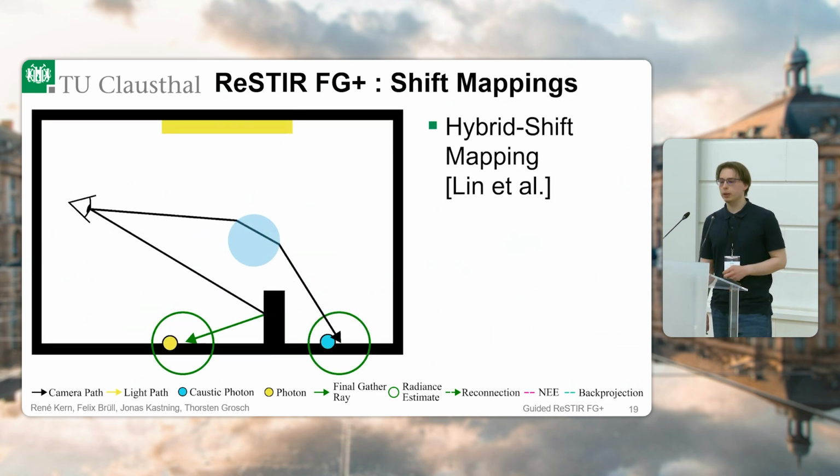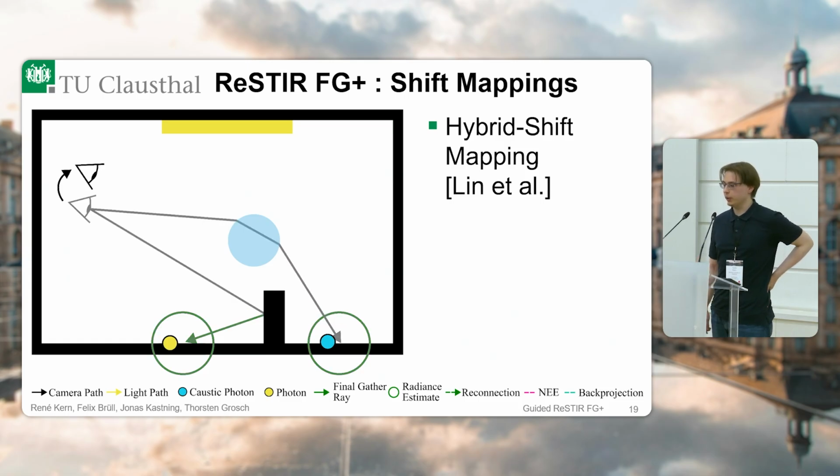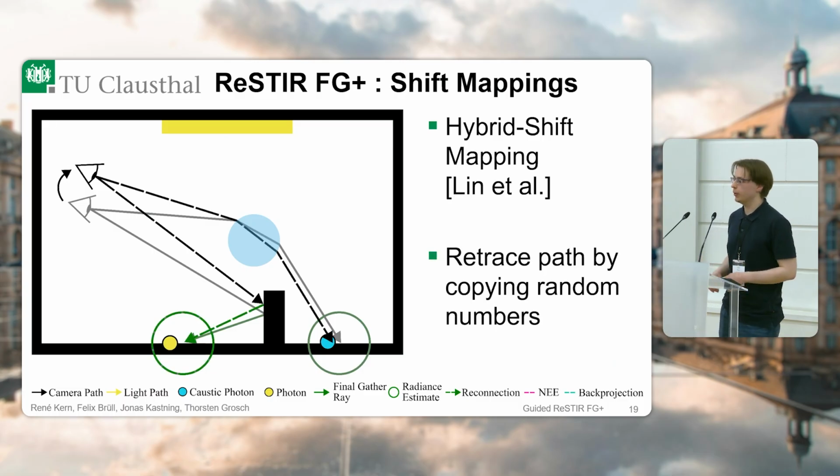To reuse these paths, we now use shift mapping instead of simple reconnecting. So for example, if the camera moves and we hit a diffuse surface, we can actually just reconnect. And if we hit a specular surface, we need to retrace these paths by copying the random numbers. And then we need to replay the decisions we made for the path.